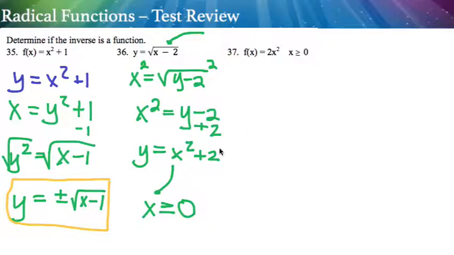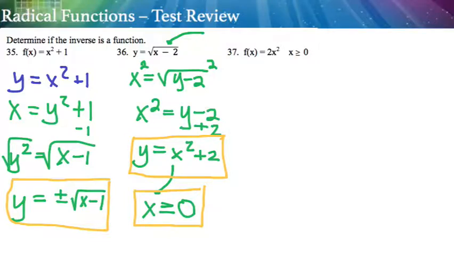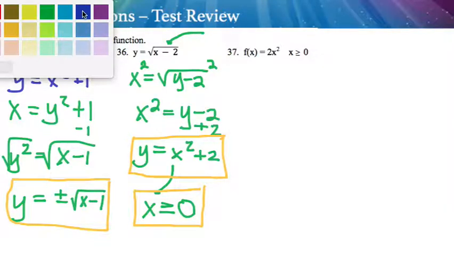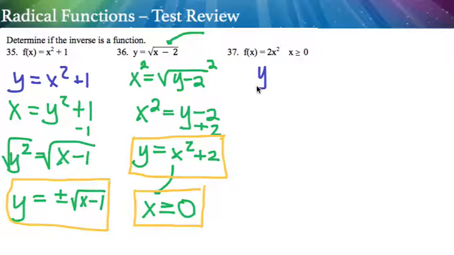Okay, so now let's do the next problem. I'll go ahead and box my answer here for the inverse, and then we actually add the restriction in here as well.